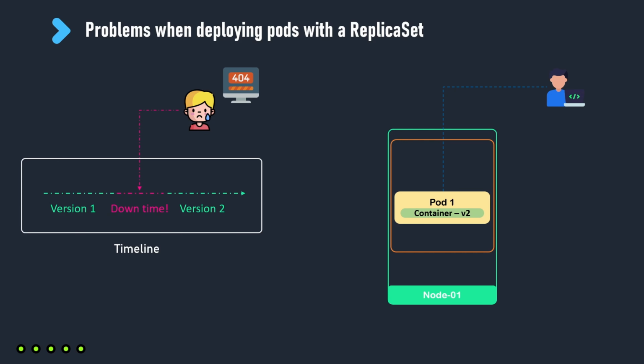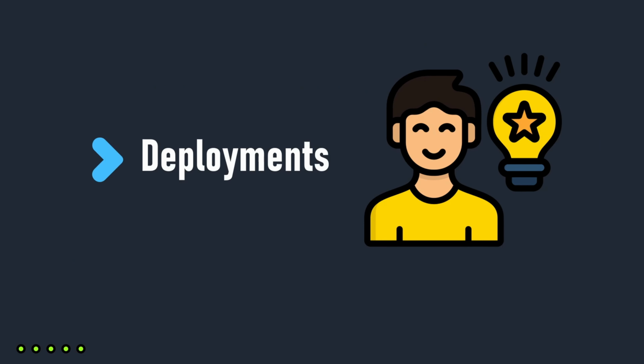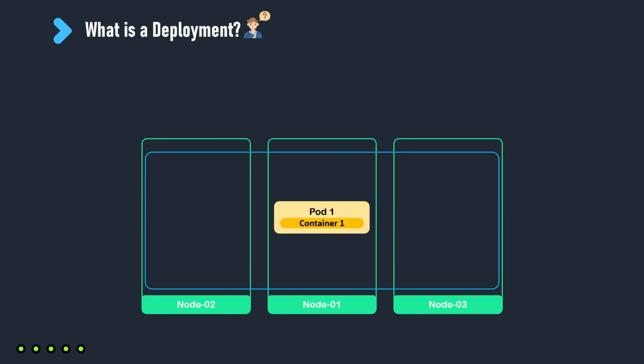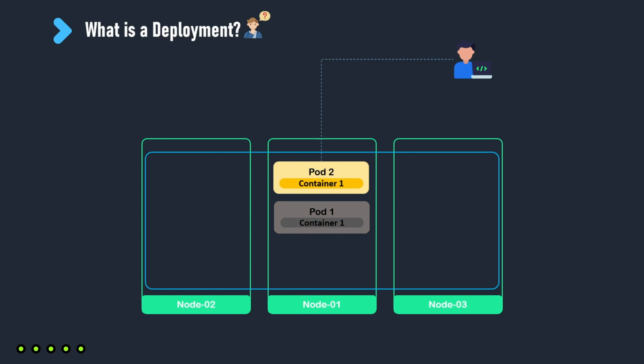So here we need to find a way to update the version of our application without any downtime. And this can be achieved using deployments. A deployment is another kind of object in Kubernetes, similar to replica sets, that helps you manage a set of identical pods and ensures that a specified number of pods are always up and running at any given time.